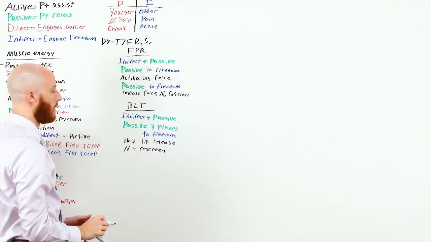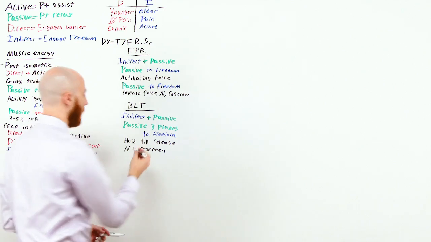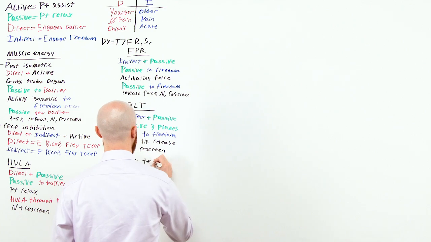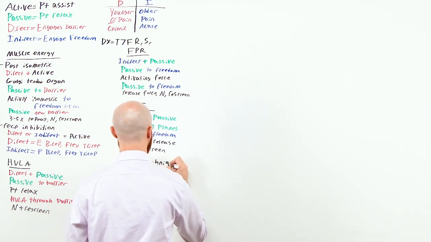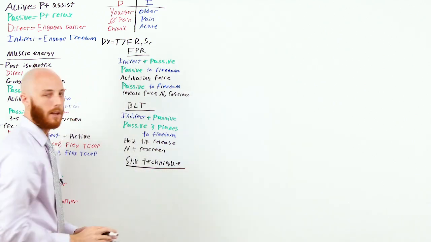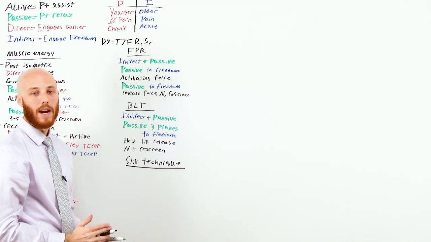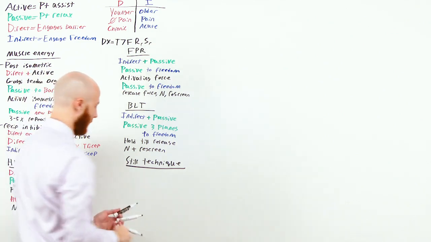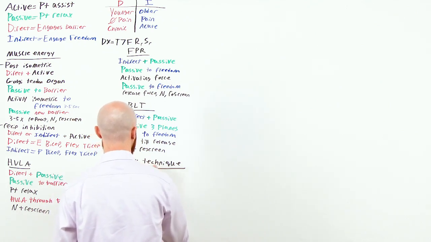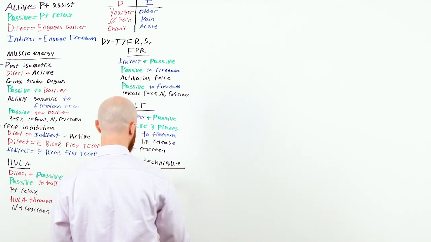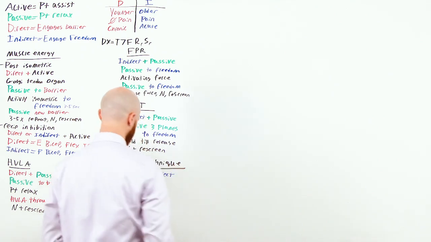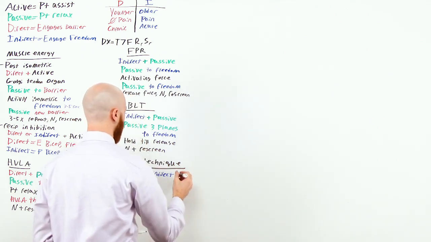The next treatment is going to be still technique. Now still is going to be a little bit different. It's both direct and indirect, as well as being a passive treatment.